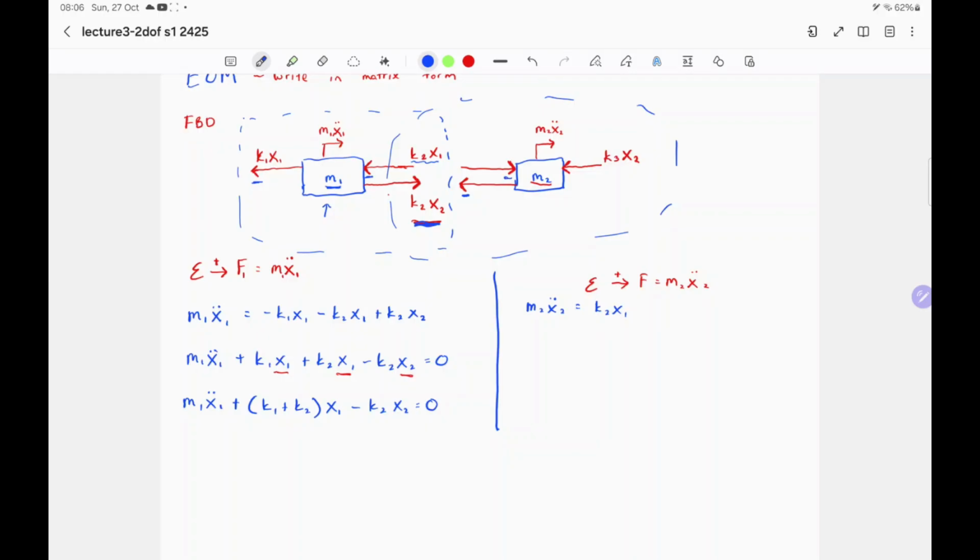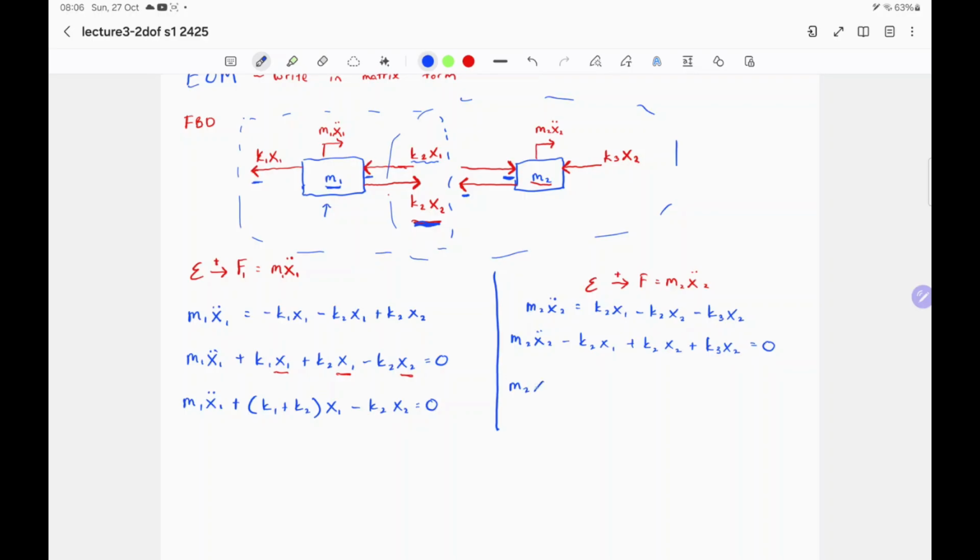Why? Because k2 x1 is going to the right hand side, so it's positive, minus k2 x2, minus k3 x2. So bring everything to the left hand side. So m2 x double dot 2 minus k2 x1 plus k2 x2 plus k3 x2 is equal to 0.